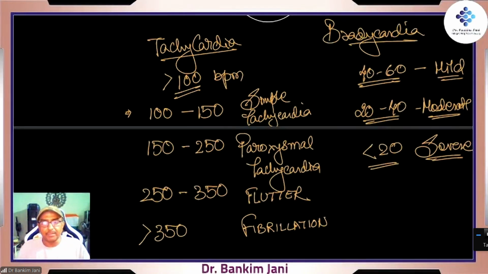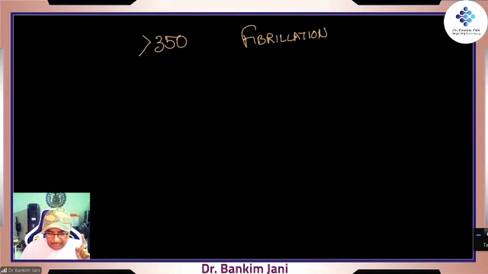You should be very comfortable with 3 things for this particular topic. 1, the structure of the heart, that is from SA node to AV node. So anywhere, any query, immediately let me know.